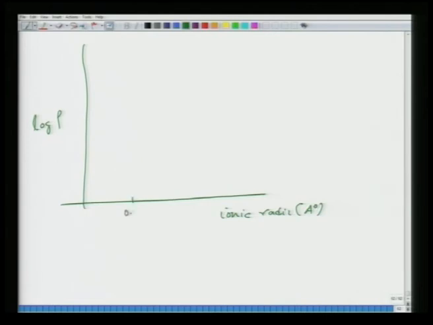So, let us say this is 0.5, this is 1, this is 1.5, and this let us say is about 7, 8, 9 and 10. Okay.